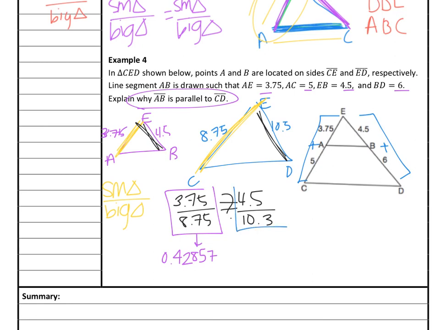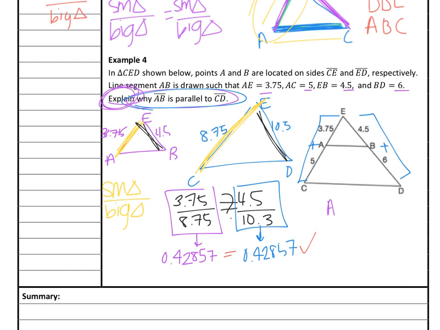Then I'm going to type the right side in and hope that I get the same thing, because they said explain why they're parallel, so they should be equal. 0.42857 again. So now I say equals, I check it off, and I'm like, yeah, this is the coolest thing in the world, right? But then I have to actually make a statement, because it says explain, so that means words.